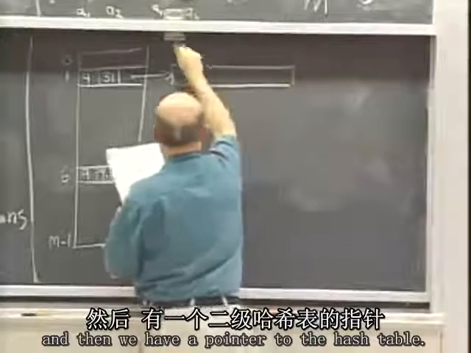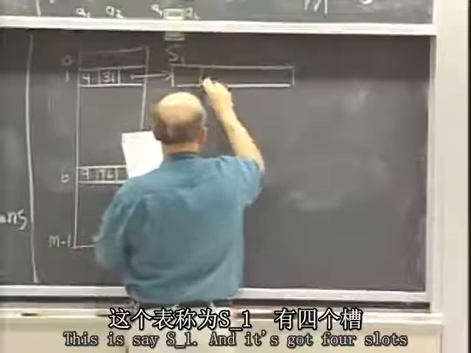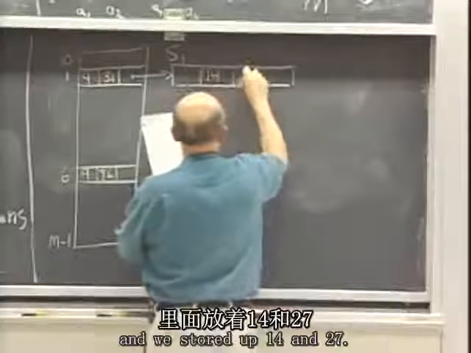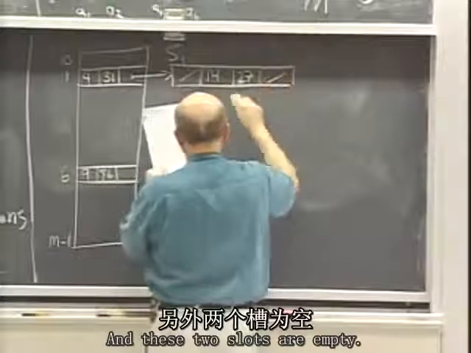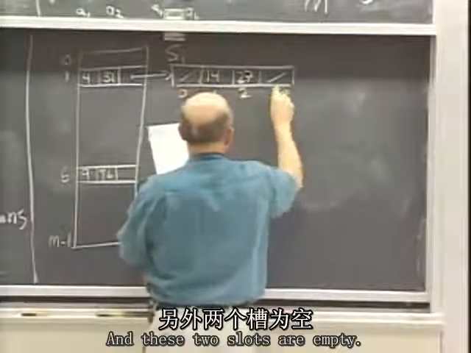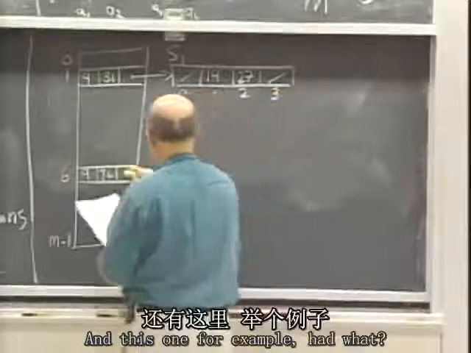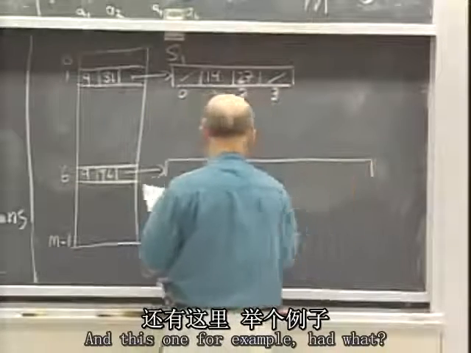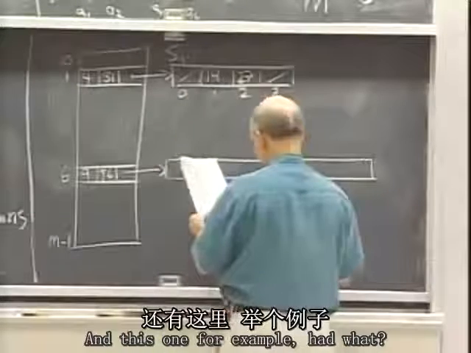So this is, say, S1, and it's got 4 slots. We stored a 14 and 27, and these 2 slots are empty. And this one, for example, had 9.